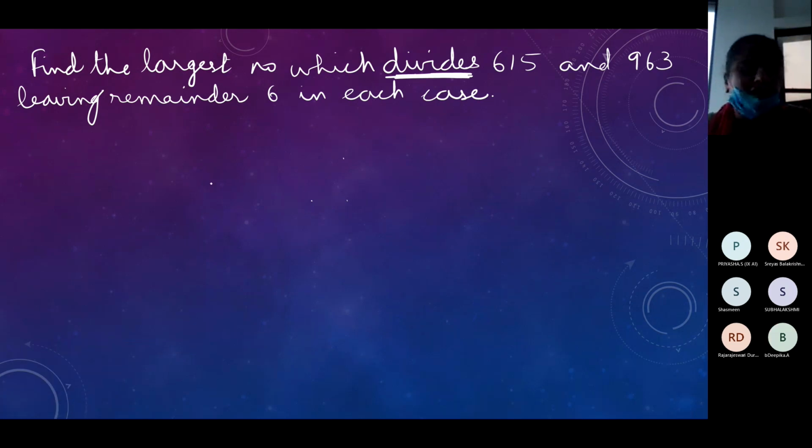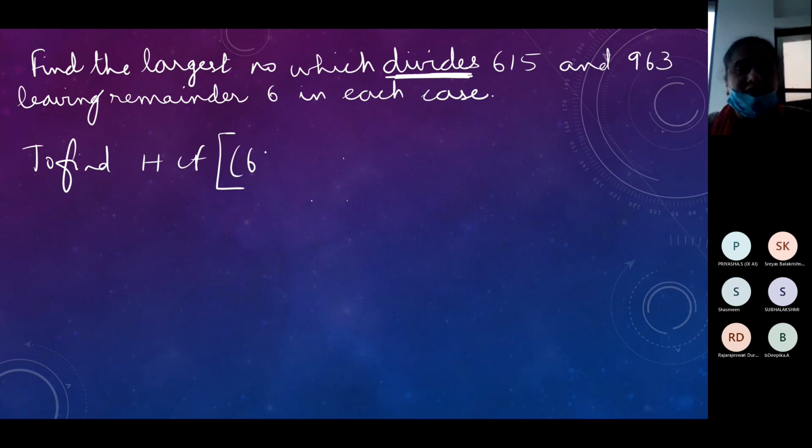I'm not finding the HCF, children. Please tell me the HCF. Should you subtract and then find the HCF, or should you find the HCF and then subtract? Subtract and then find the HCF. So we need to find the HCF of 615 minus 6 and 963 minus 6.